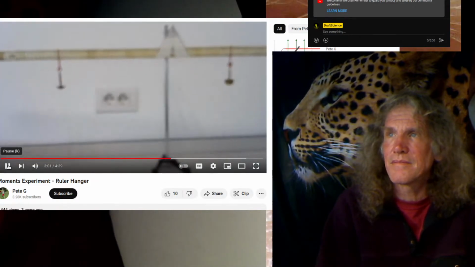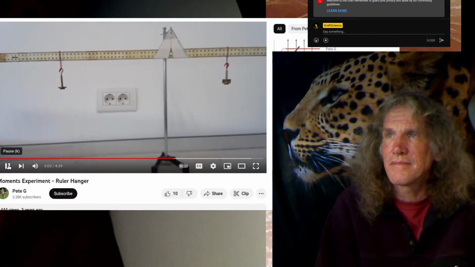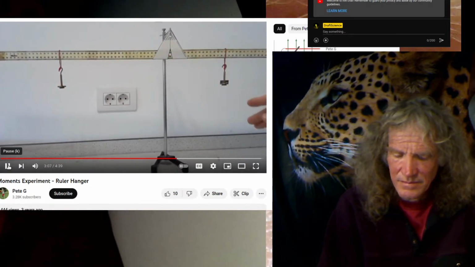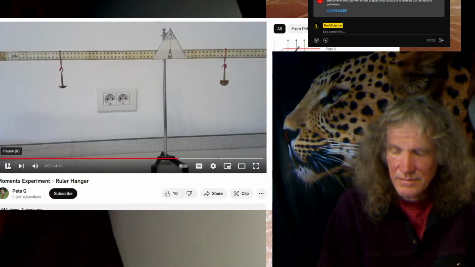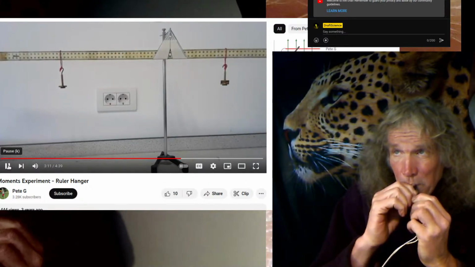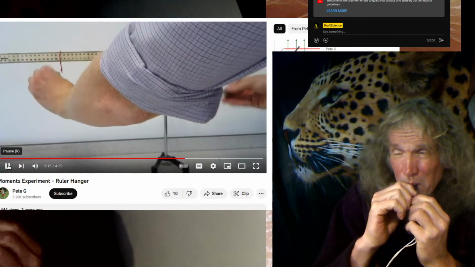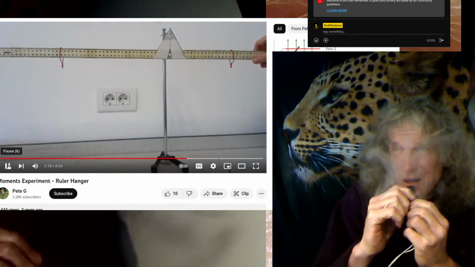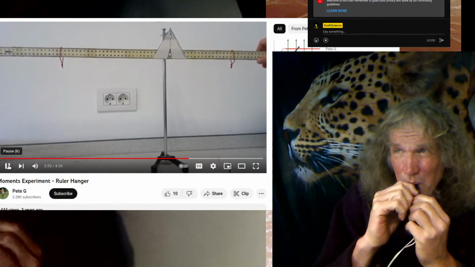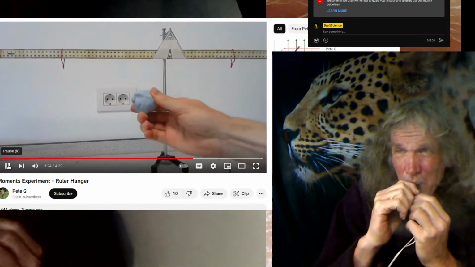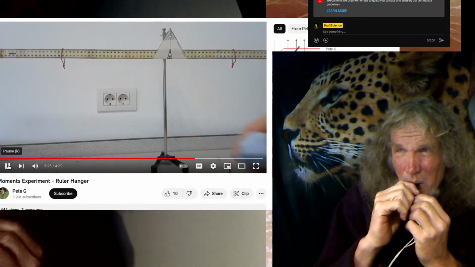Let's just get it nicely focused. There we go. Here you have it set up. So here I've got it set up so that the ruler is suspended from exactly its center point. And if I take these two weights off, the first thing you want to do is check that your ruler hangs horizontally. If it's not hanging horizontally, it's not a big problem. Get some blue tack and stick some blue tack to one end or the other until it hangs nice and horizontal.